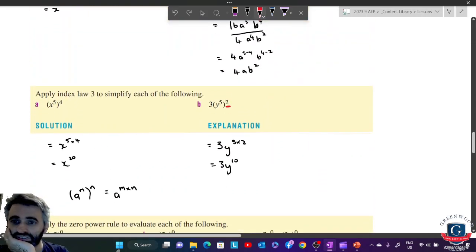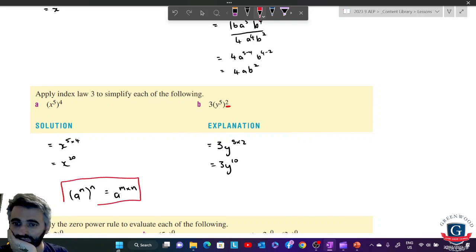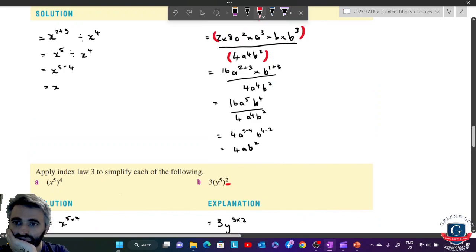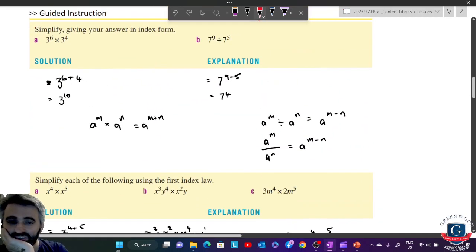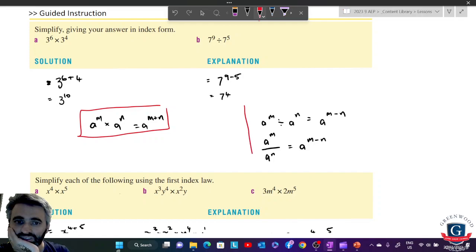And the first two laws I think I did up here somewhere. Here's one. First law and second law.